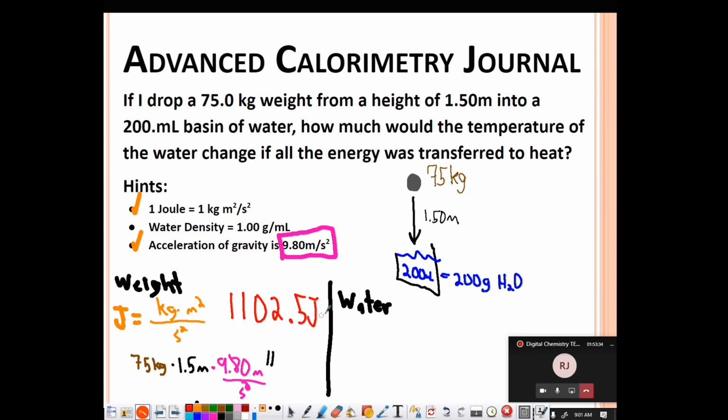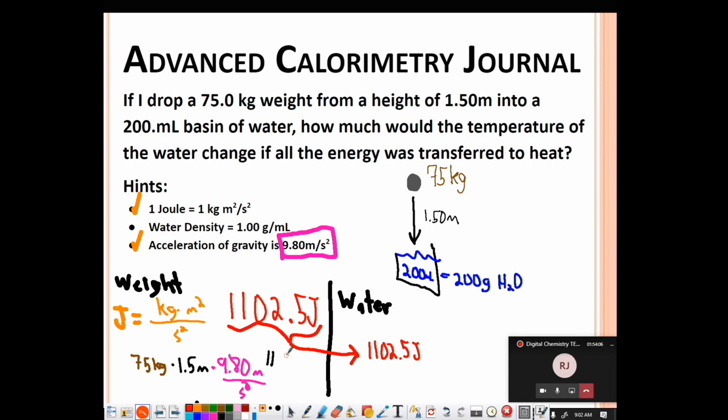That's 110.25 joules. The reason that is important, and why we did that first, is this joules right here was put into the water, which means this same number, 110.25 joules, is going into the water from the weight.